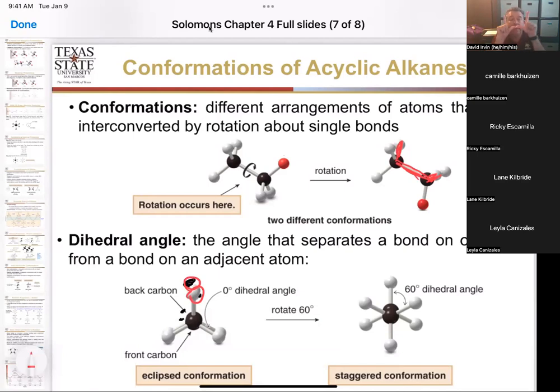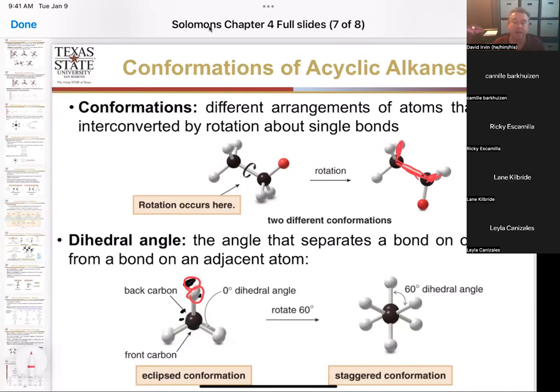Now, if you were to take this configuration where your two atoms are lined up on each other like this, we call that the eclipsed formation. So it's like the moon in front of the sun, or the sun in front of the moon, right? Sun behind the moon. So this is the eclipsed version, because two of the atoms are overlapping each other and can see each other quite well. Now, if we rotate this 60 degrees, that's the best configuration we can have.